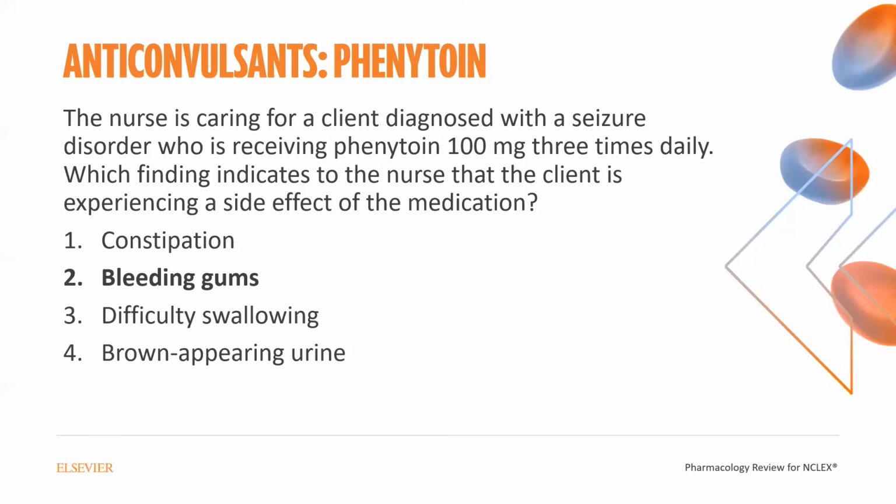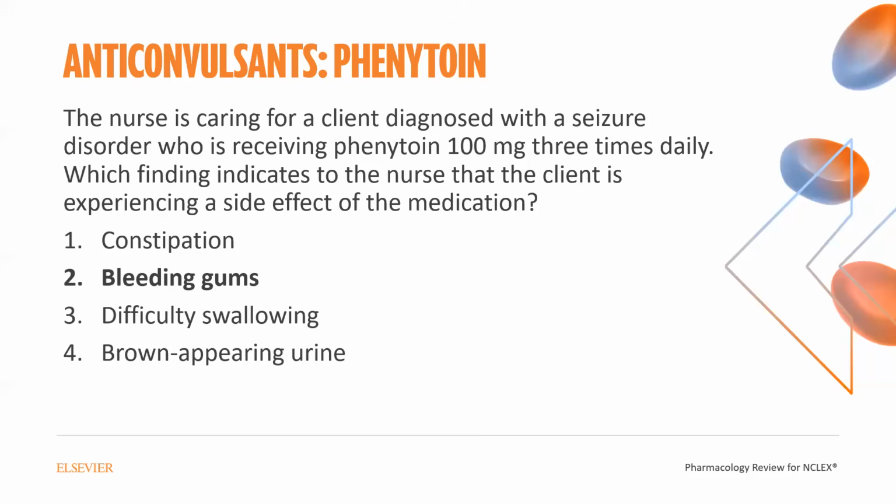Phenytoin has some side effects, and these include drowsiness, dizziness, irritability, headache, restlessness, joint aches, and some gastrointestinal effects such as anorexia, nausea, and gastric distress. But a very important side effect specific to phenytoin that you are likely to be asked about is that it causes gingival hyperplasia. Gingival hyperplasia causes bleeding, tenderness, or swelling of the gums.